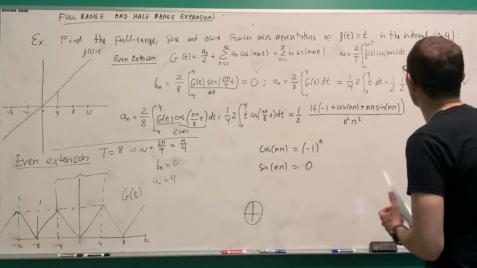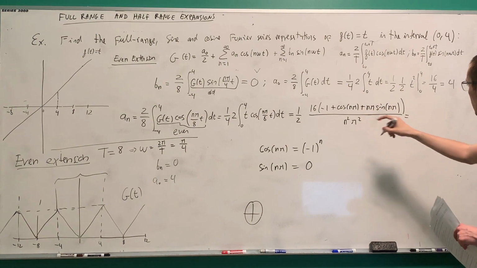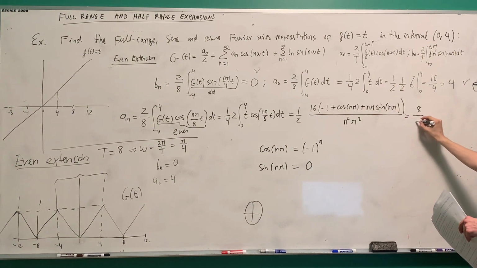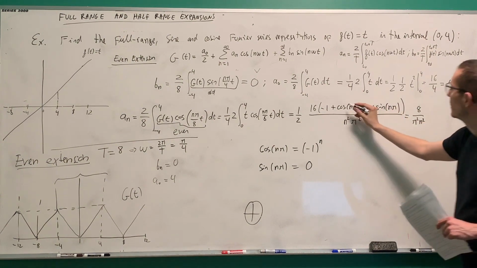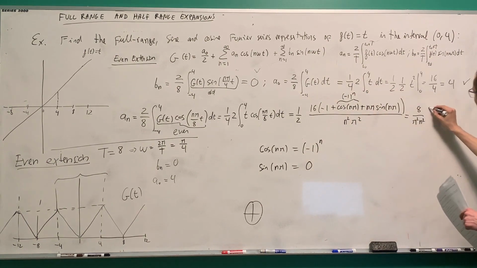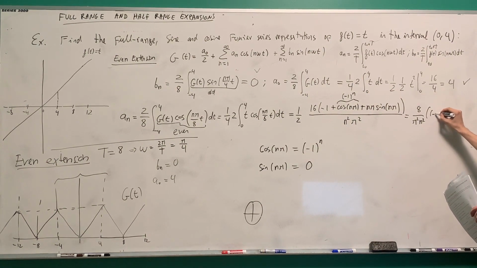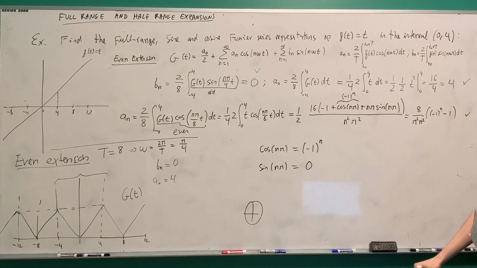So, we can simplify this, and this thing is equal to 8 divided by n squared pi squared. And this thing is minus 1 to the n, so this is minus 1 to the n minus 1, and then this is 0. Alright, so that's the coefficient.